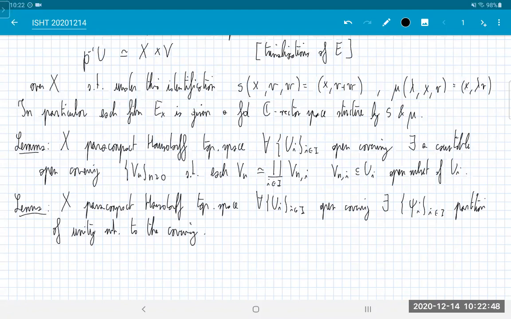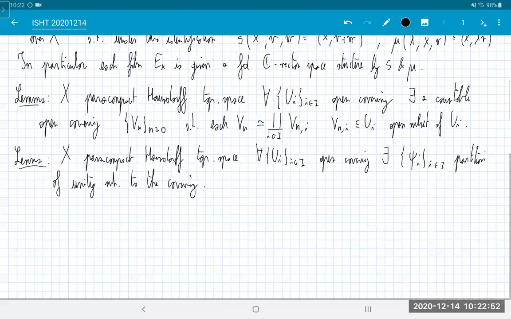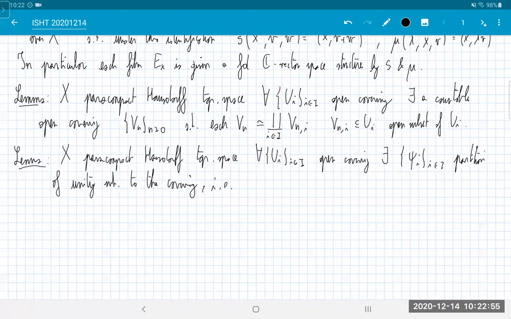I don't know if you've seen partitions of unity before, but what does it mean? The psi_i are continuous functions from X to the closed interval [0,1].